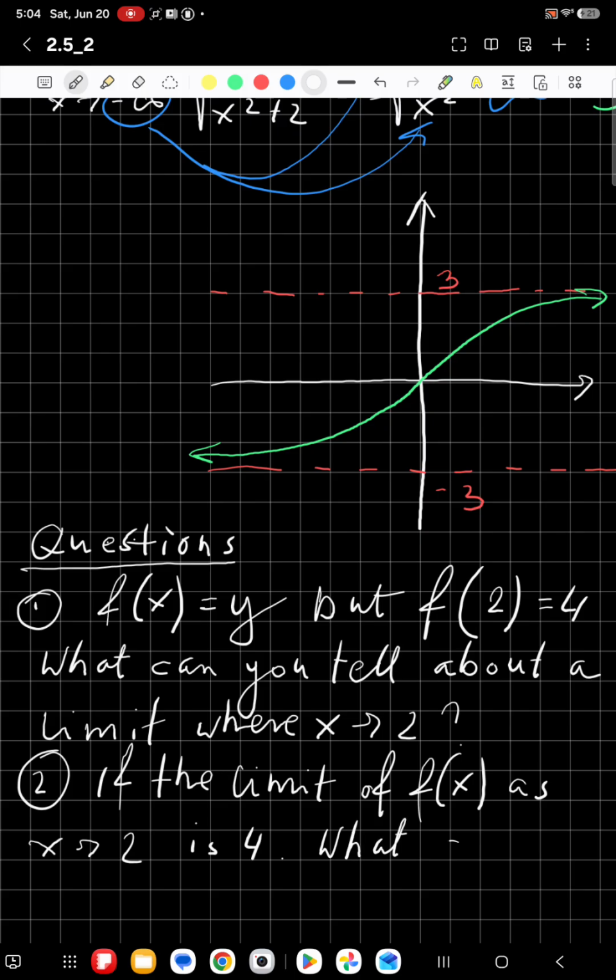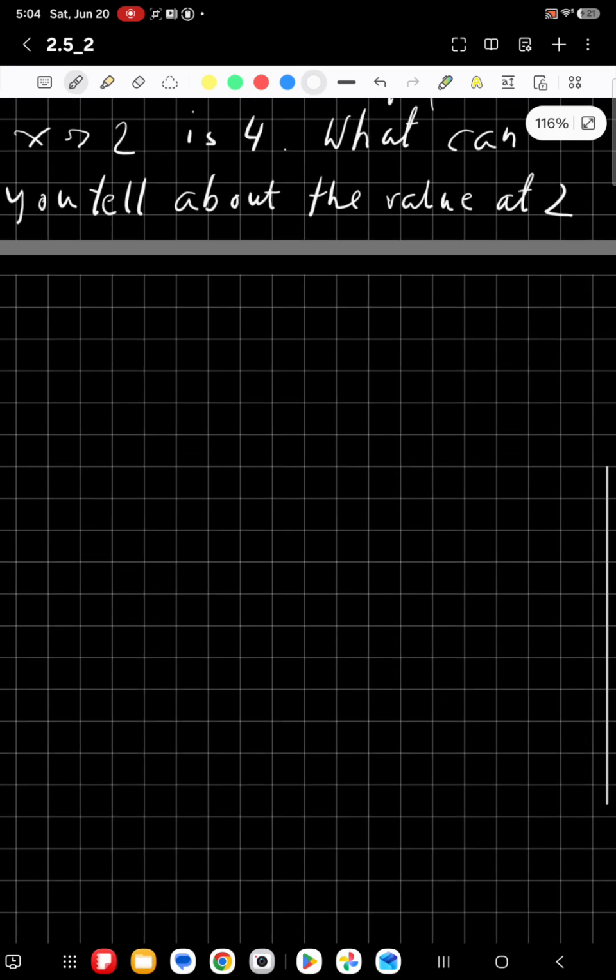What can you tell about the value at 2? The value of the function at 2. f of 2 is what? Okay, so think about this one as well.